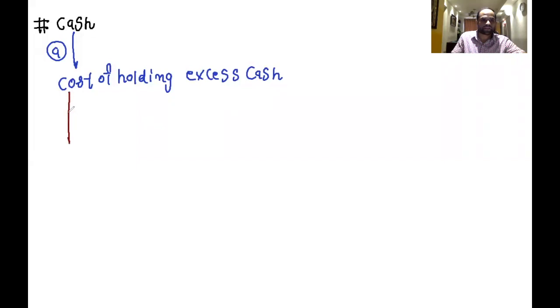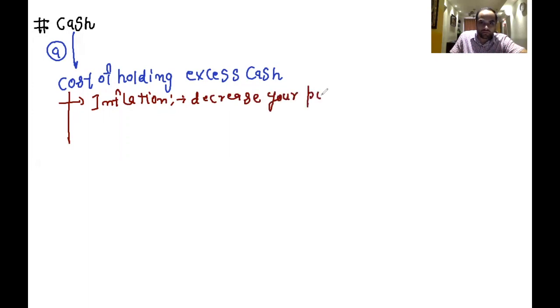The first cost that could occur is inflation. So due to inflation, if you are holding too much cash instead of investing, inflation will decrease your purchasing power.